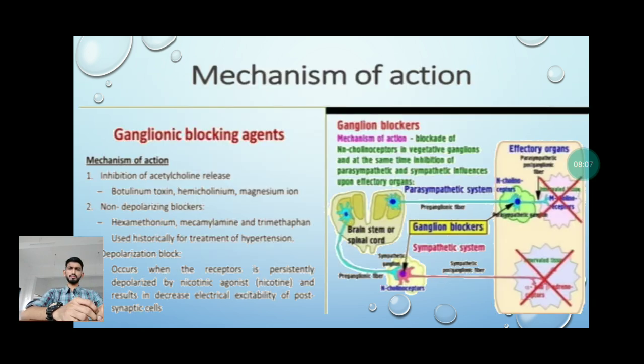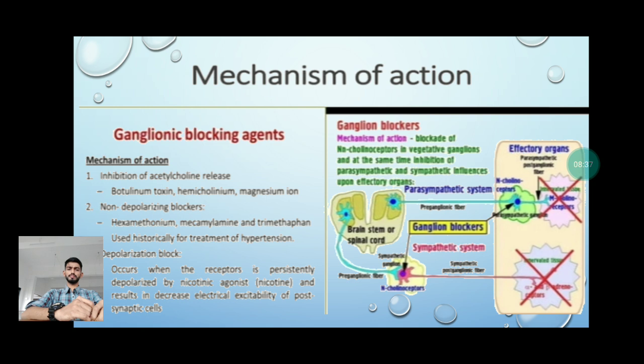What are the mechanisms of action? Ganglion blocking agents act by inhibition of release of acetylcholine. Agents are botulinum toxin, hemicholinium, and magnesium ion. Second, non-depolarizing blockers are hexamethonium, mecamylamine, trimethaphan, used historically for treatment of hypertension.